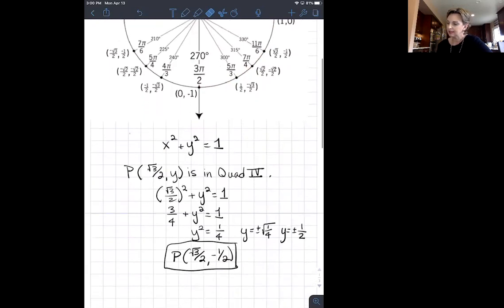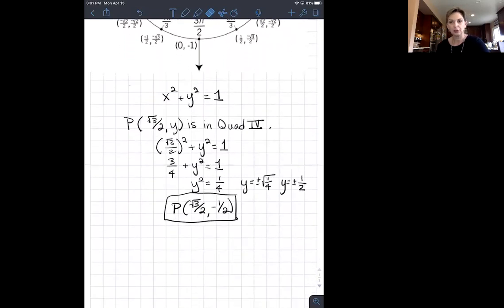Now let's start working with our trig functions on the unit circle. First, let's look at our basic trig functions, what we knew from the beginning. Sine is opposite over hypotenuse. Cosine is adjacent over hypotenuse.